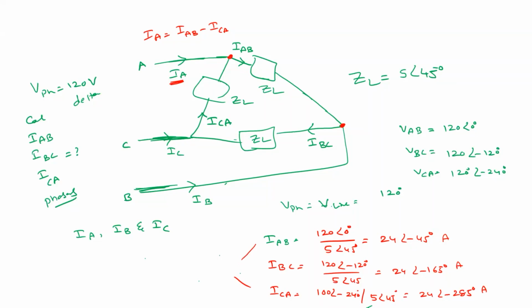IA and ICA are the incoming currents, so only IAB is the outgoing current, right? So IA plus ICA equals IAB. So from that, IA is IAB minus ICA. Is this correct? Any questions here? Correct. Okay. So what is IAB minus ICA?